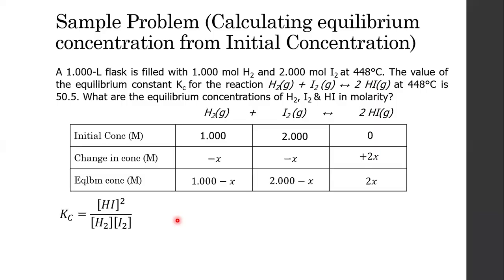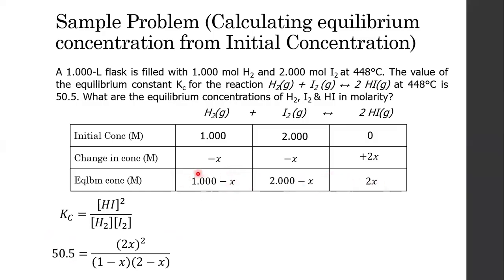We try to establish or write the equilibrium constant expression, which is this one. Okay, because we're looking for the equilibrium concentrations, right? Now, we substitute. We don't know the equilibrium concentrations yet.